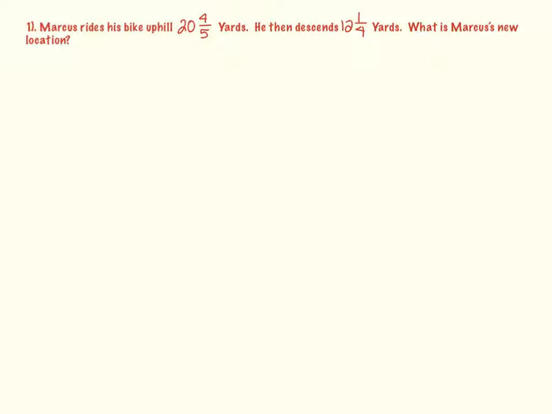So when it comes to identifying keywords, these keywords help us identify whether or not we're dealing with a positive or a negative number. So within the sentence, on your paper, let's go ahead and make some markings. Picking out some keywords, we see that uphill means going uphill, so that would give us a positive number.